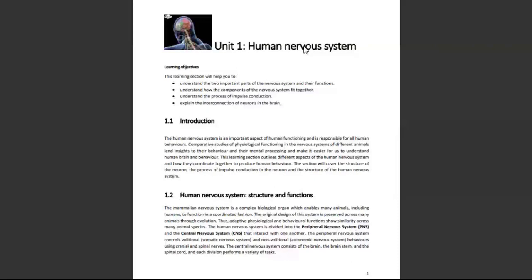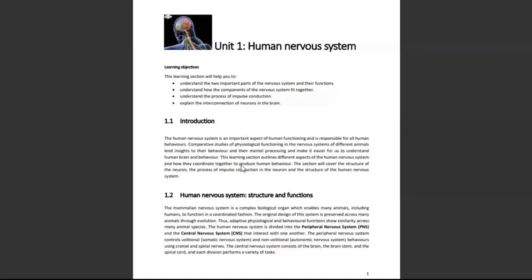Then, comparative studies of physiological functions in the nervous system of different animals lend insight to their behavior and mental processes, making it easy for us to understand the human brain and behavior. So this is a study done on animals to assess how human behavior works.